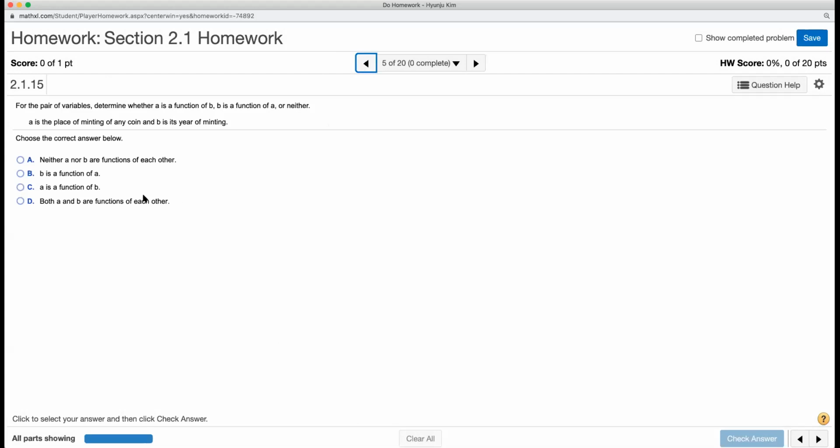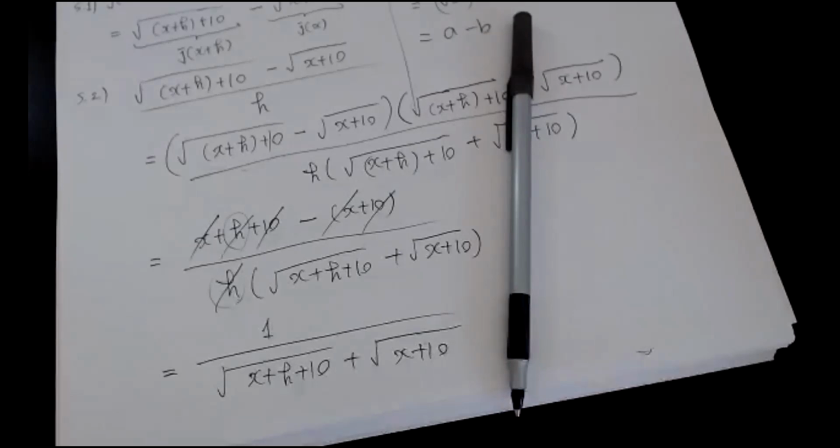All right, so let's move to 2.2. I'm going to cover 2.2 by looking at the textbook.